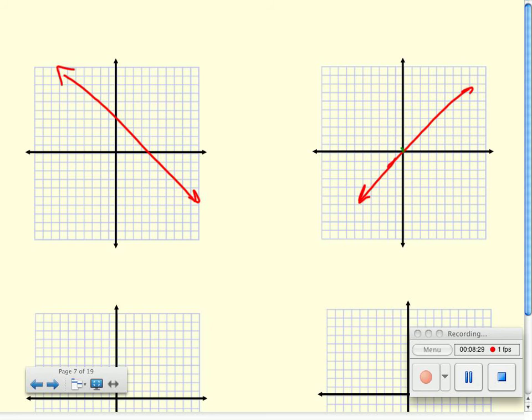One of the things that I want you to notice: they're going to ask, if this represents a direct variation, what is the slope? And when we find slope, that's connecting to 4.1. When we find slope, we look for some perfect points it goes through. So it goes through that point, and it goes through 0, 0. And then I would identify the slope as rise, what I went up, over what I went over.